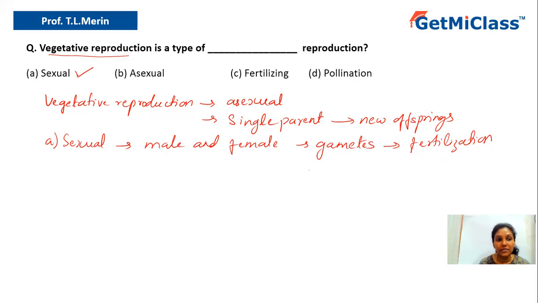Hence option A, the sexual method, is ruled out because we are talking about vegetative reproduction, where one parent is involved. But in sexual reproduction, two parents are involved.